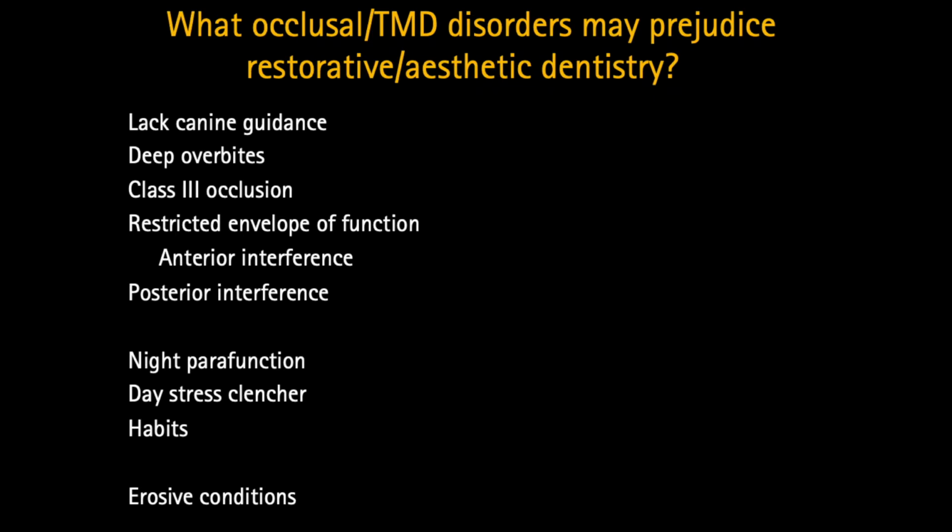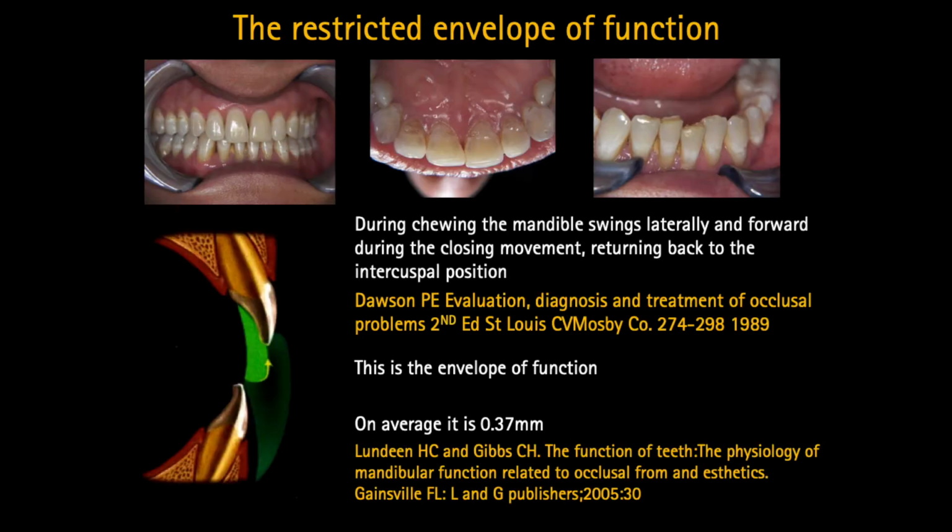Likewise, if you put restorations into a night parafunction patient, even if they promise to wear the splint, etc., the splints don't cure the night parafunction, so they can end up destroying the restorative dentistry that you've done. And you end up with dissatisfied patients, and the worst result is you end up with medico-legal issues with the General Dental Council.